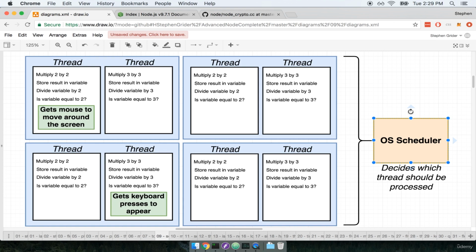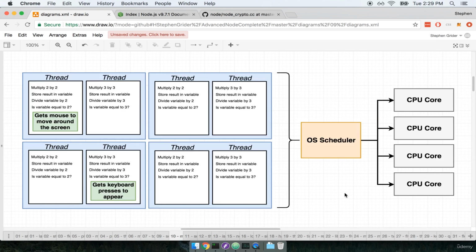There are a couple of different strategies that are used to improve the rate at which these threads can be processed. We're going to focus on two in particular that are going to end up being very relevant for us in the Node.js world. So in order to more quickly process threads or process more at one given time, we can first add in additional CPU cores to our machine.